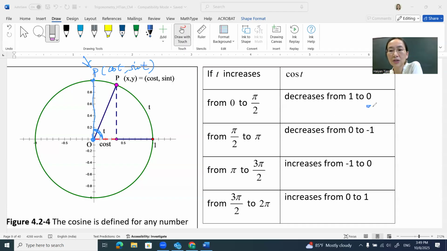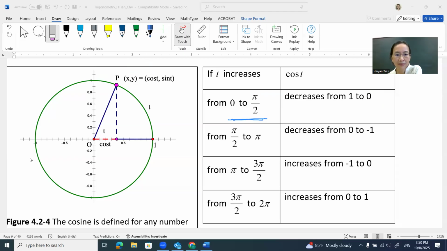So when t is pi over 2, the cosine t becomes 0. So we see it decreases from 1 to 0 when t increases from 0 to half of pi.